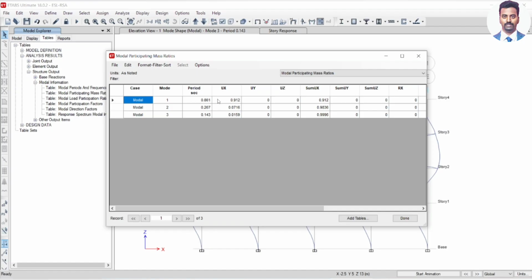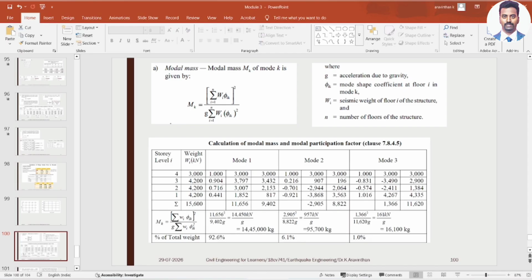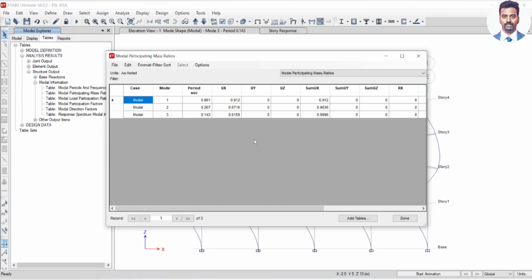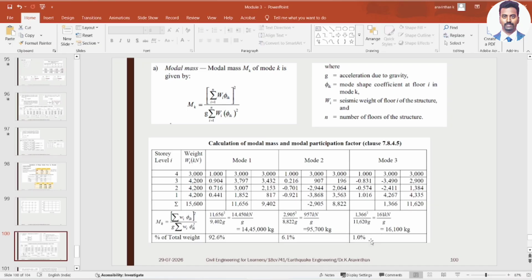This is the modal participation factor. 91% of mass is concentrated in first mode. In theoretical value, we got 92, and for mode 2 6. Here we got mode 2 as 7, and mode 3 as 1.5, 0.015 into 100. If we make it, you will be getting in terms of percentage. So it will be 1.5 percentage. Here we are getting 1 percentage.